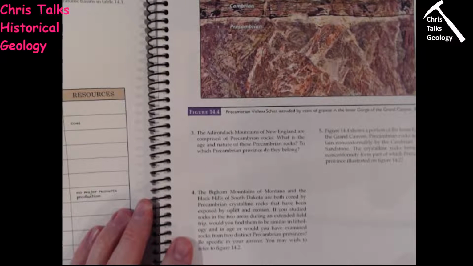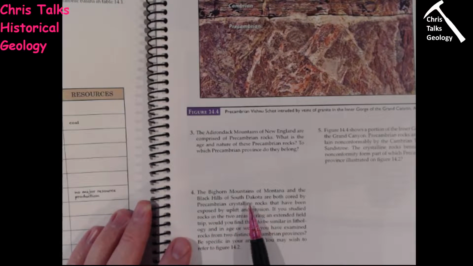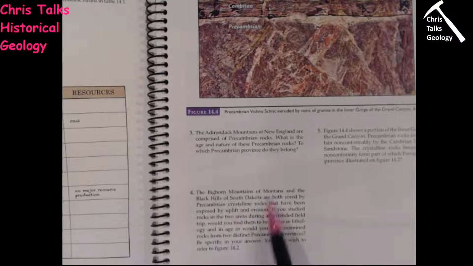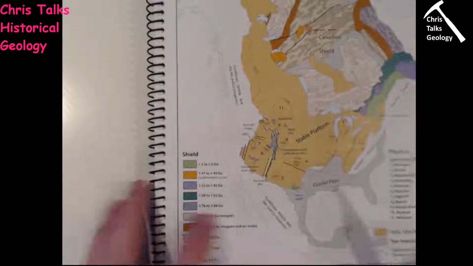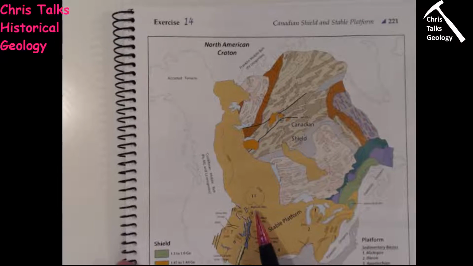Question 4. The Bighorn Mountains of Montana and the Black Hills of South Dakota are both covered by Precambrian crystalline rocks that have been exposed by uplift and erosion. To start with, let's find the Black Hills and the Bighorn Mountains. Okay, here we go. There's the Black Hills, and here are the Bighorn Mountains. So these are the two locations.